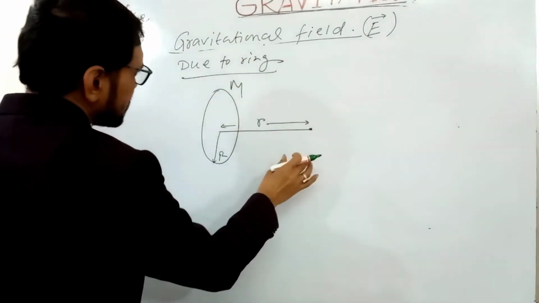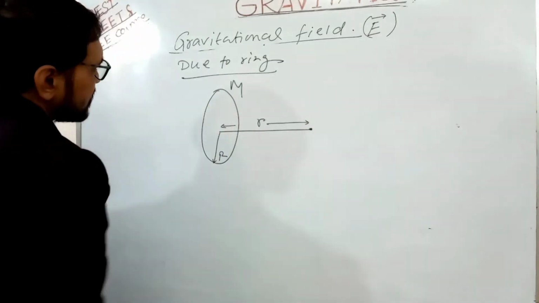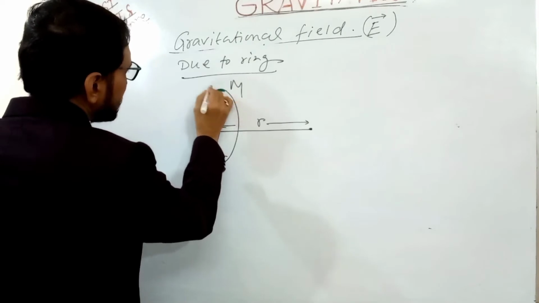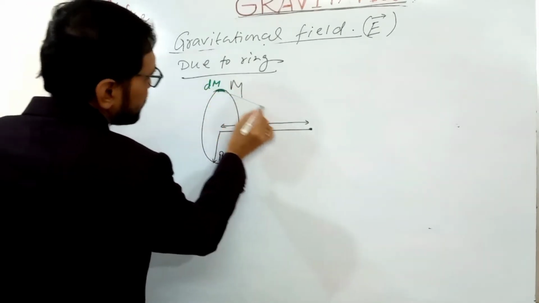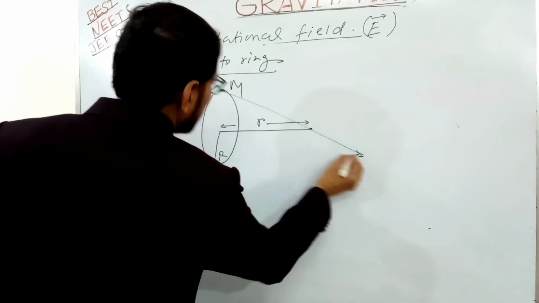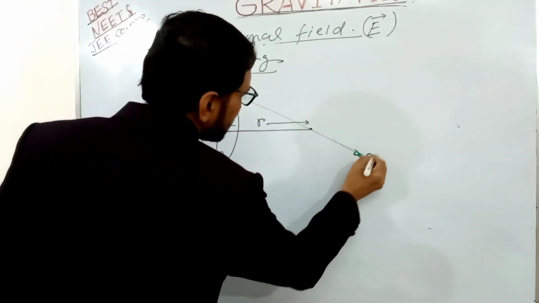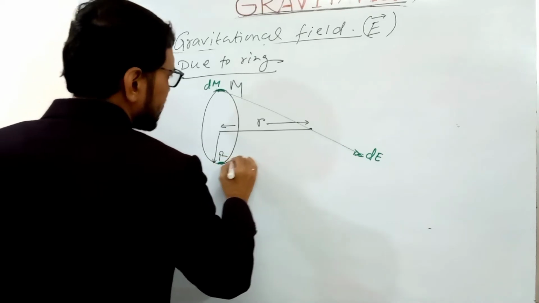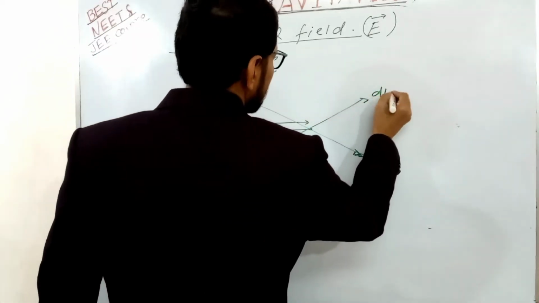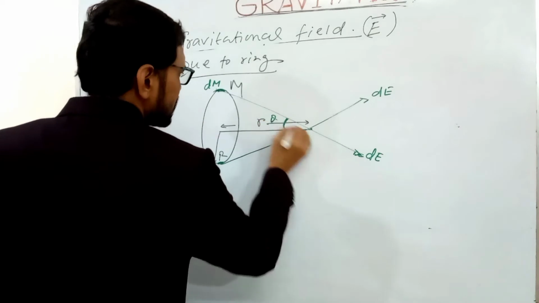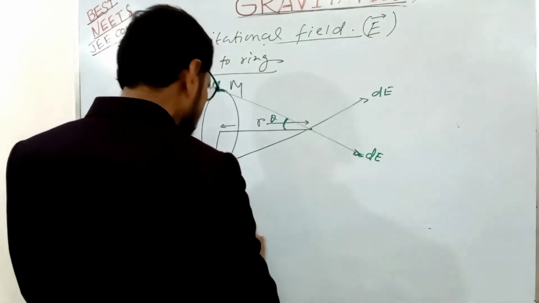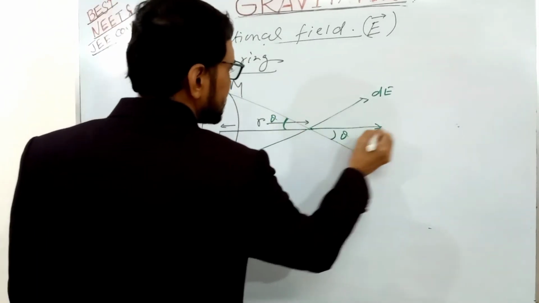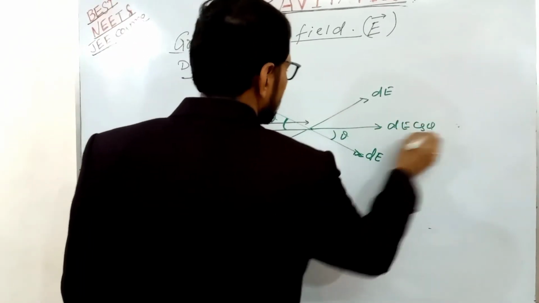How the formula comes, I show it shortly. Now take this element, consider an element of mass dm. Due to this element, what is the gravitational field? Gravitational field in this direction, and due to this element, gravitational field in this direction. Now this angle is theta, so resolve it and we get this way. This is theta, dE cos theta, dE sin theta.